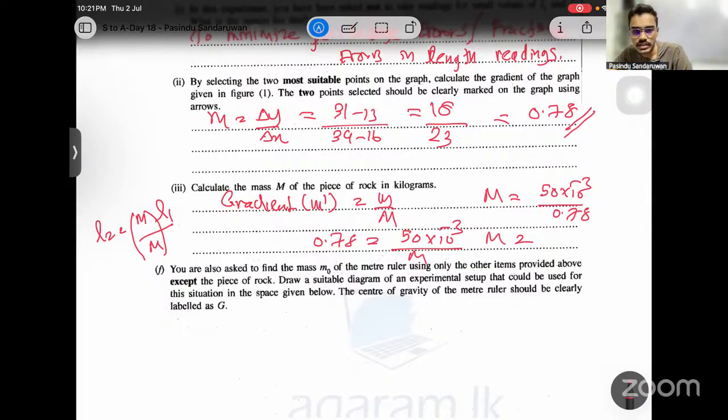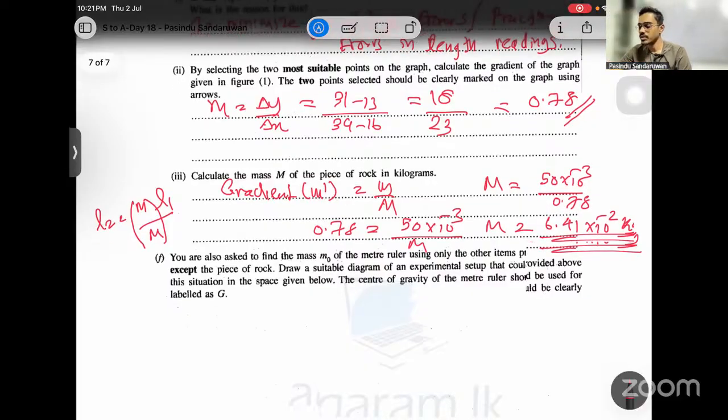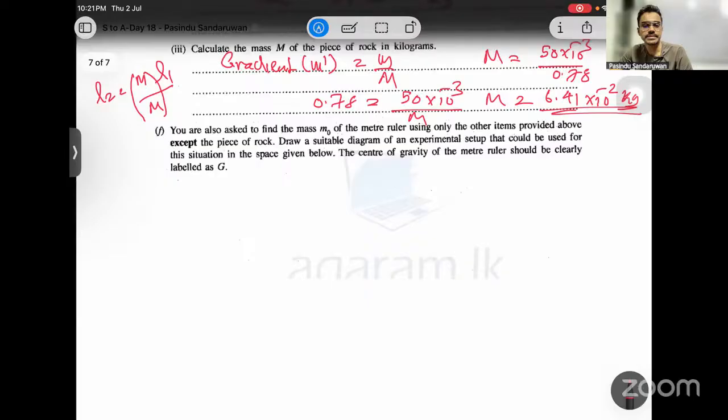That is 6.41 times 10 to the minus 2 kilograms.